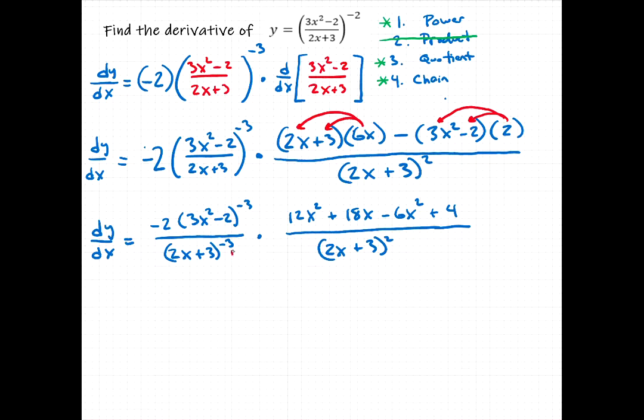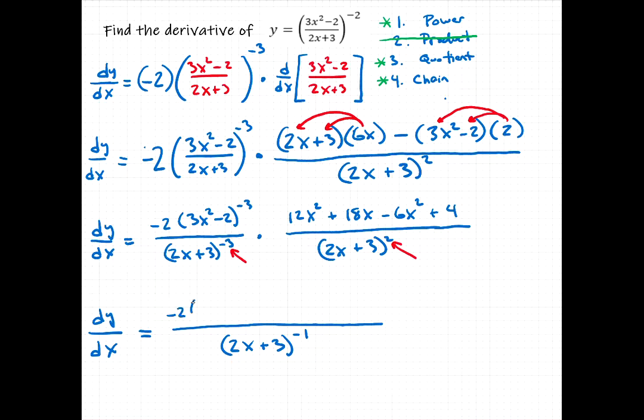All right, so now if we're multiplying, we can combine those exponents. So dy over dx is equal to, on the bottom we have a 2x plus 3 to the negative 1 power.